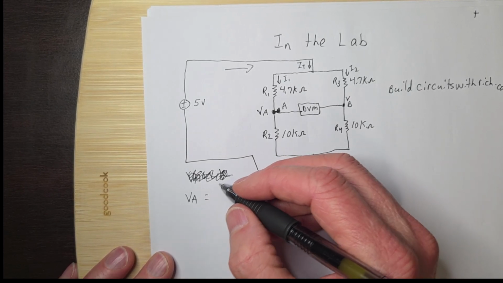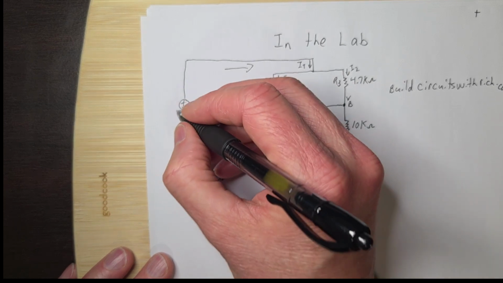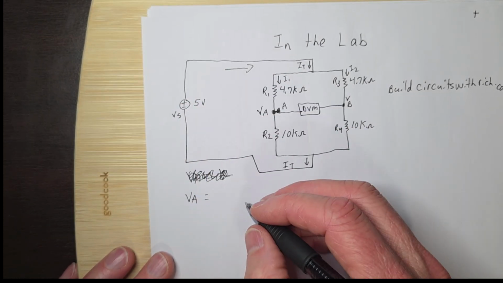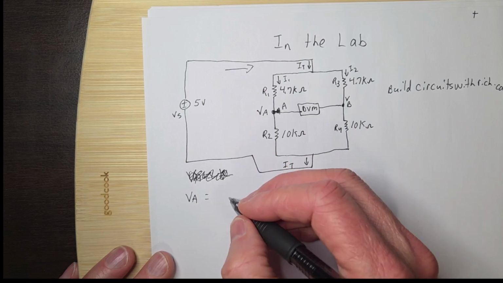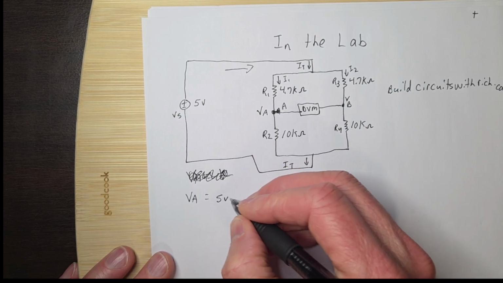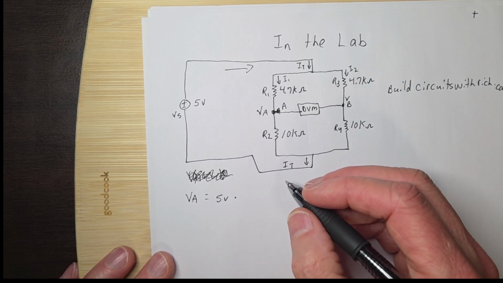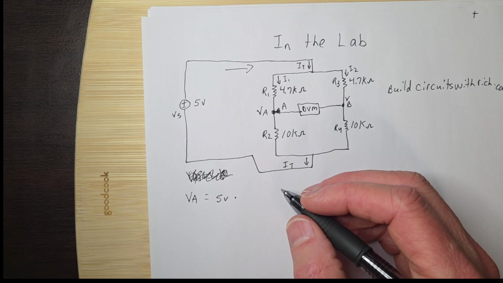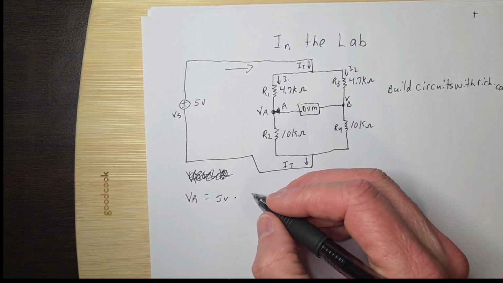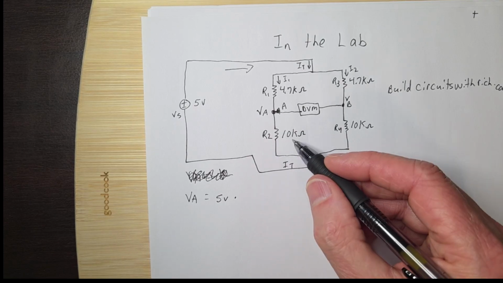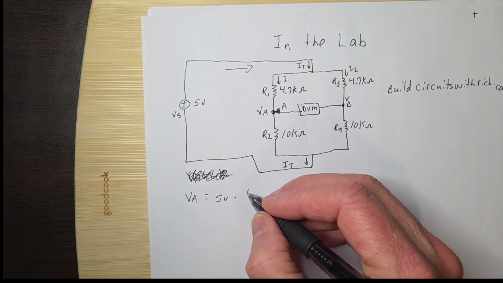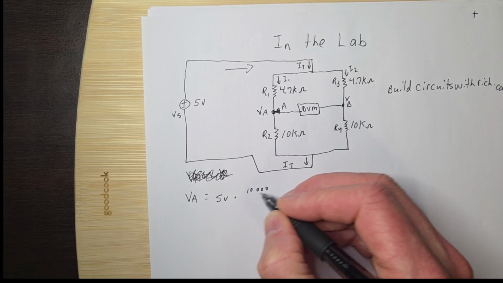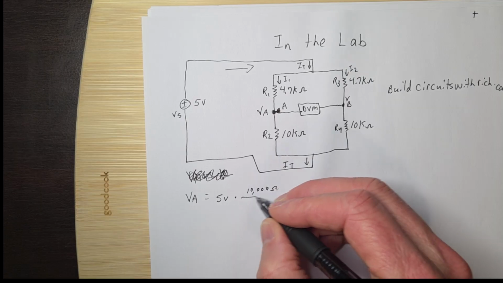So VA is going to be equal to VS, and this is VS, by the way. So we'll just say 5 volts times R2, which is 10k ohms, which is really 10,000 ohms, right?